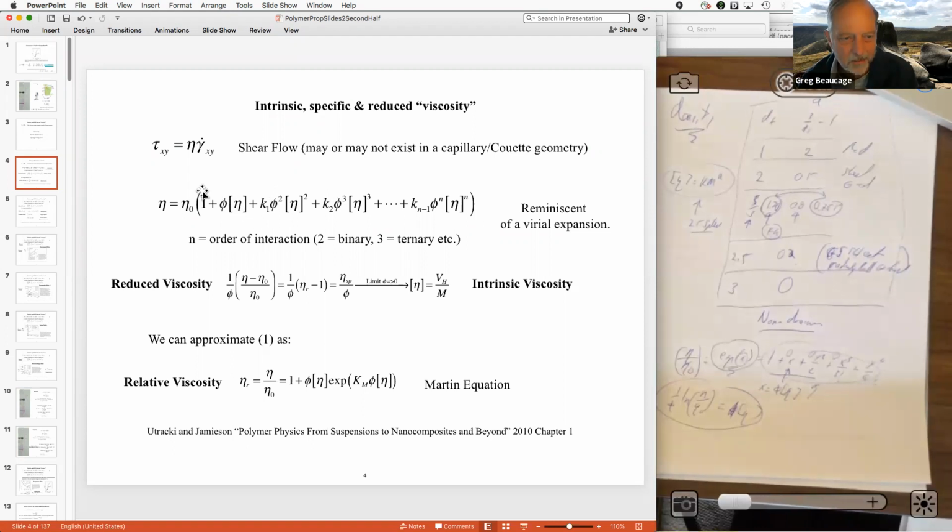Basically, there's a similarity between this and the virial expansion, but it's limited how far you can push that, because this is not a thermodynamic thing that you're measuring, it's a kinetic thing. So you're looking at flow, right? So it's not equilibrium because it's flowing. This is kind of steady state. So there's a difference between equilibrium and steady state. These aren't going to be dependent on temperature. It's not going to be thermally dispersed.